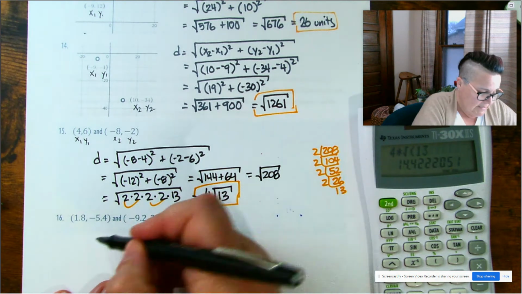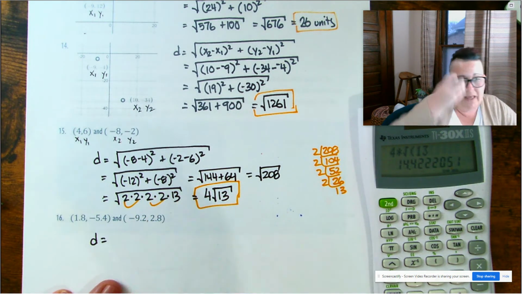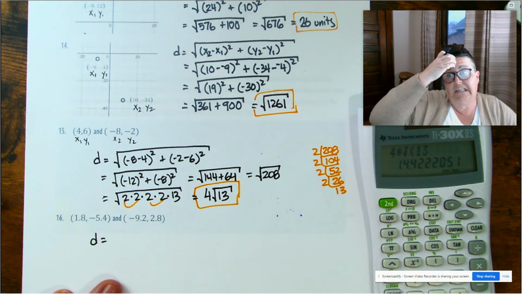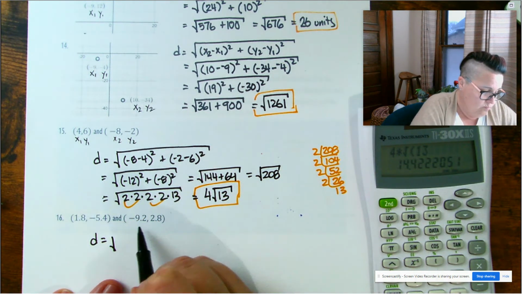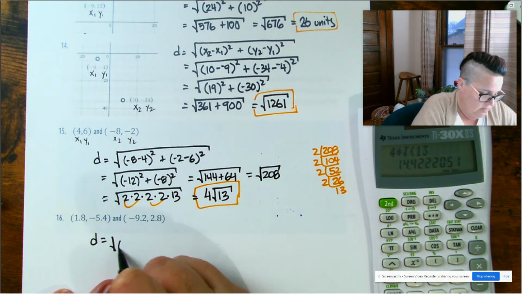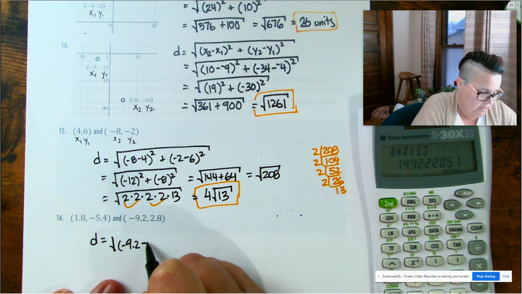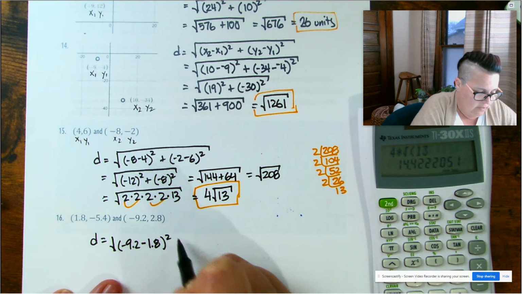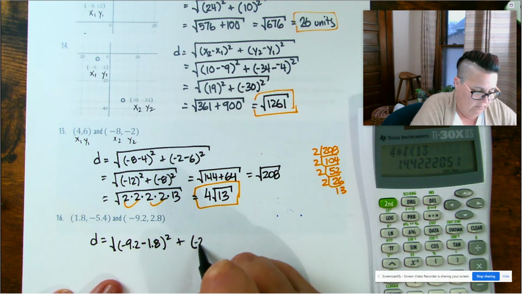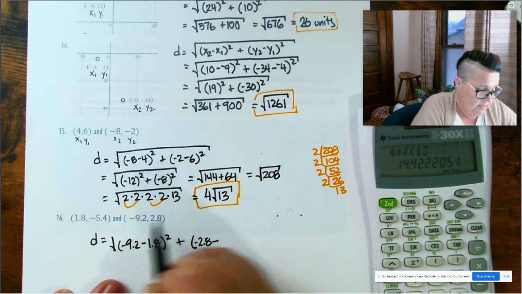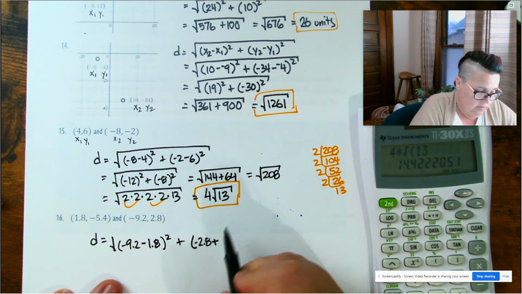Okay, problem number 16, same idea, only we've got some decimals. Yikes. So this would be the square root of x2 minus x1, negative 9.2 minus 1.8 squared, plus y2 minus y1, negative 2.8 minus a negative 5.4 squared.